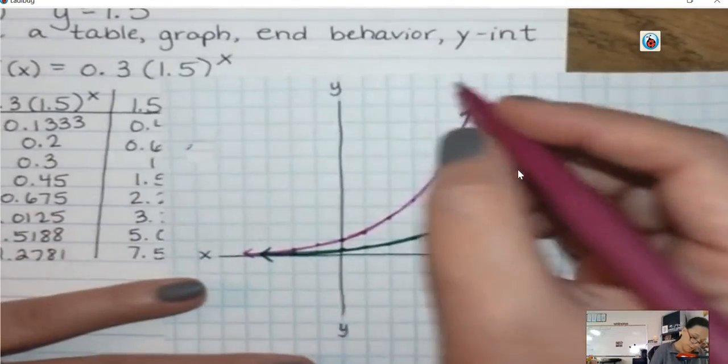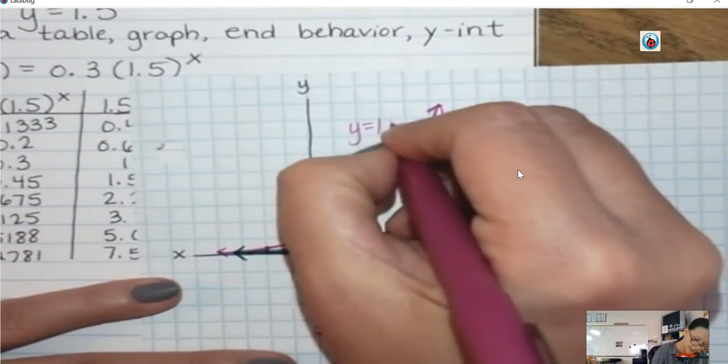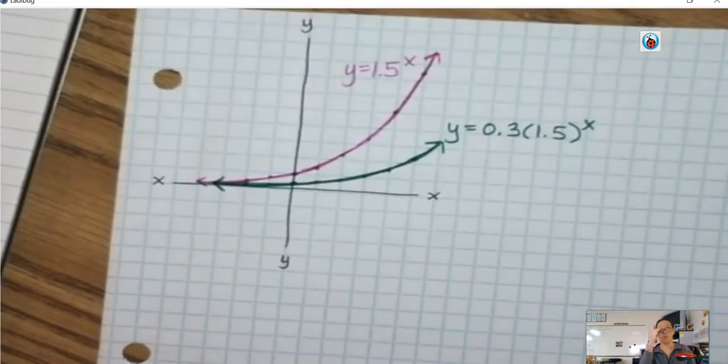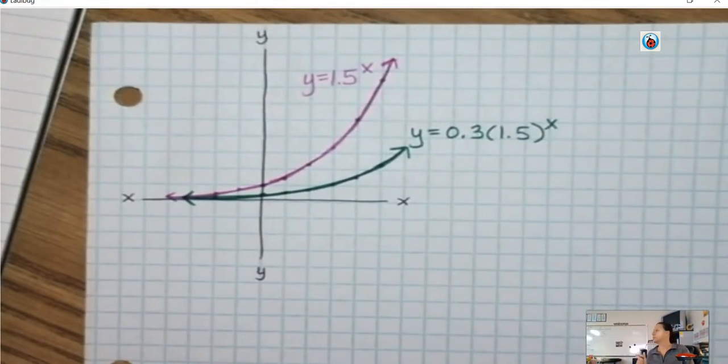And that's the graph for y equals 1.5 to the x. So as you're graphing, look at your graph. Is it nice and pretty, or is it a complete mess? Make it a nice smooth curve.